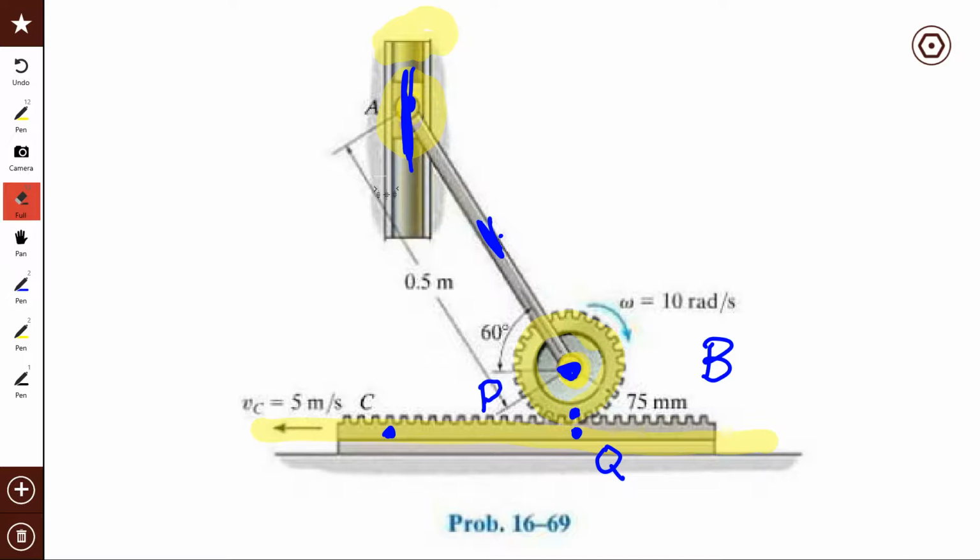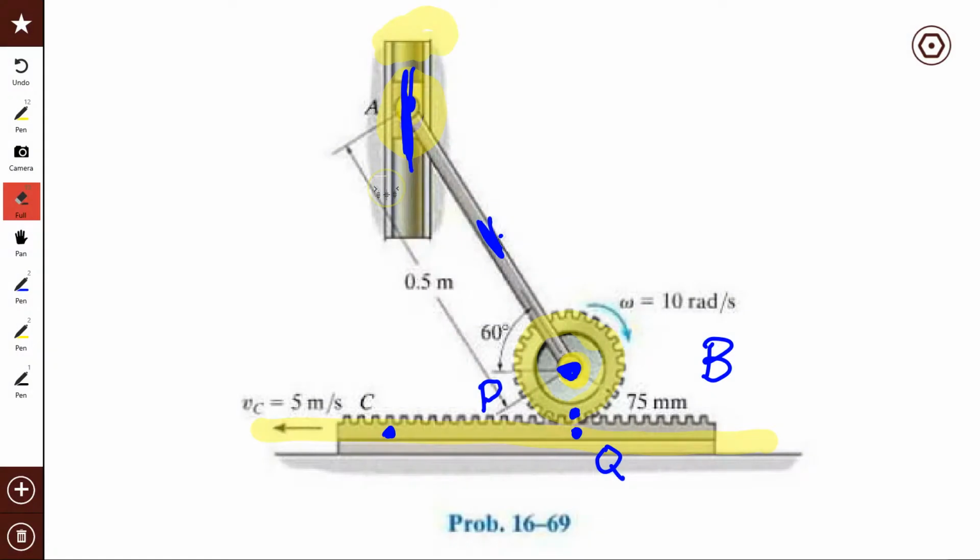Because it's temporary contact, no slip. Acceleration in the plane is the same as the acceleration of Q, which is horizontal 2. And if it's speeding up, then it'll be to the left.